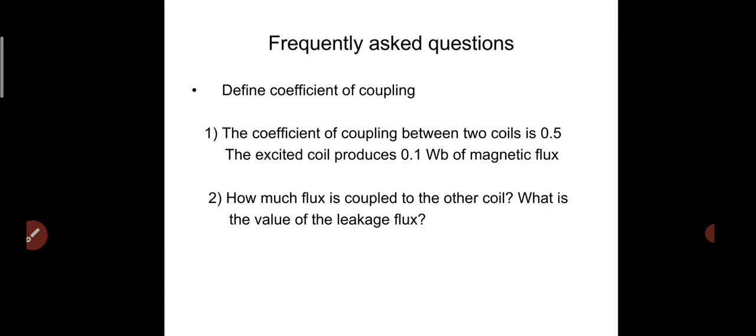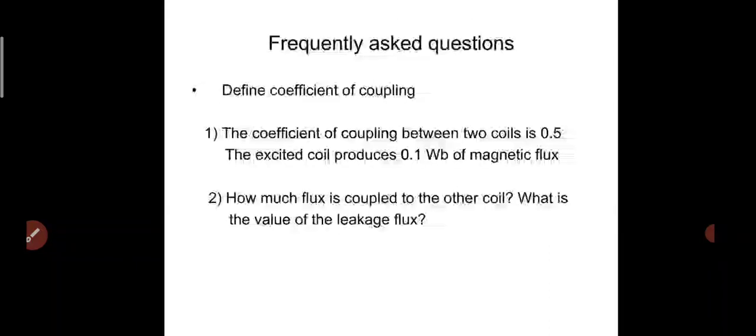How much flux is coupled to the other coil? What is the value of the leakage flux?